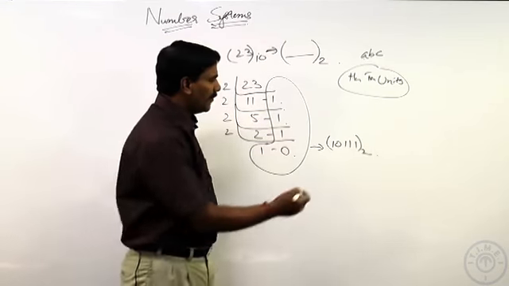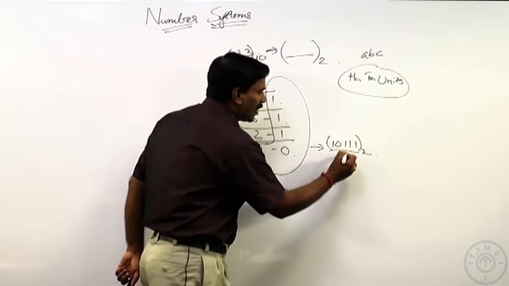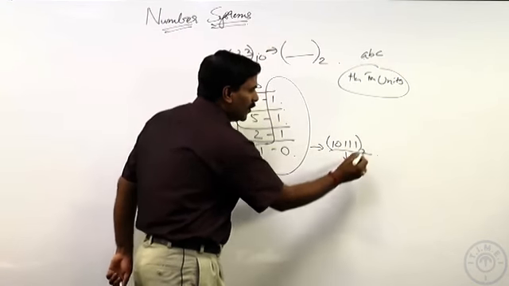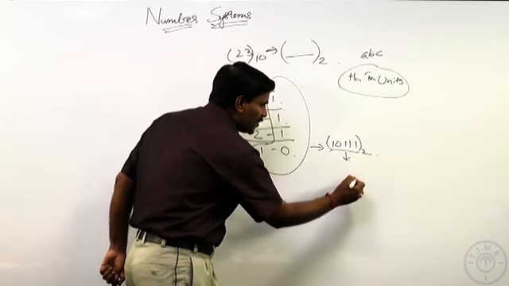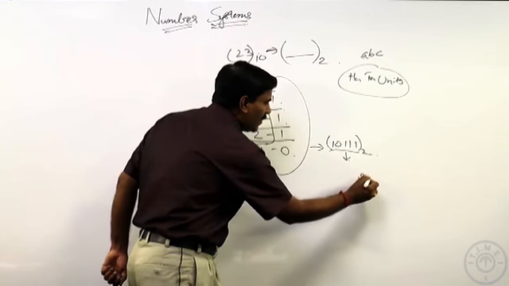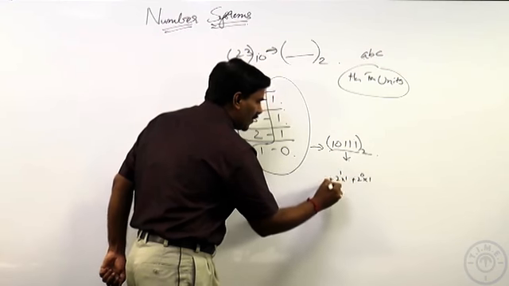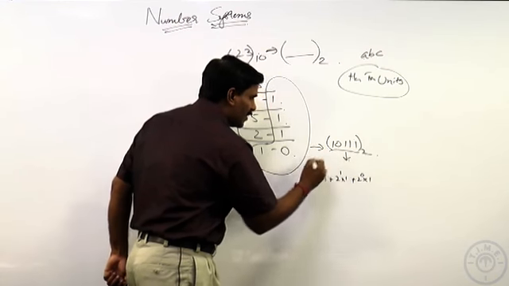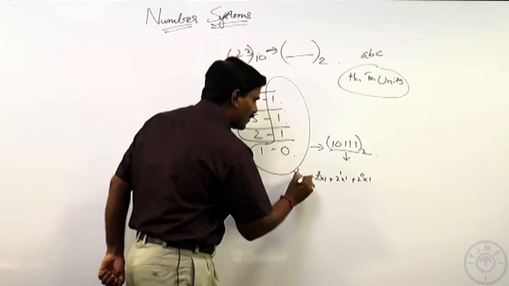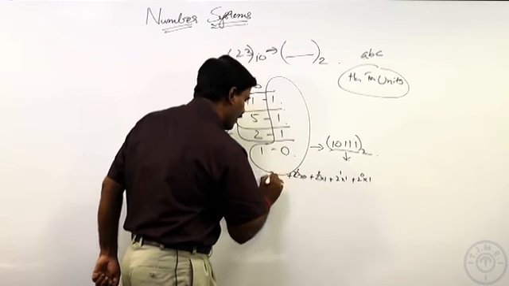To convert this into decimal, it's basically 2 power 0 into 1, 2 power 1 into 1, 2 square into 1, 2 cube into 0 and finally 2 power 4 into 1.